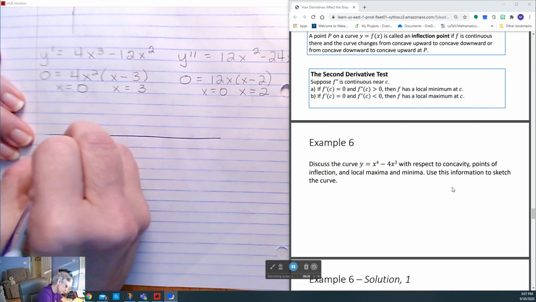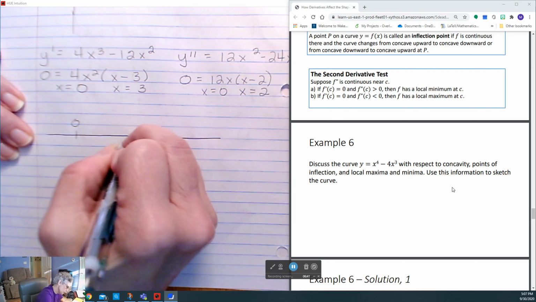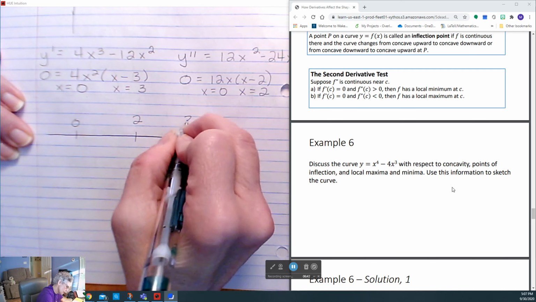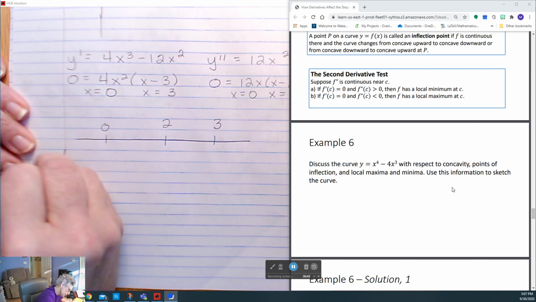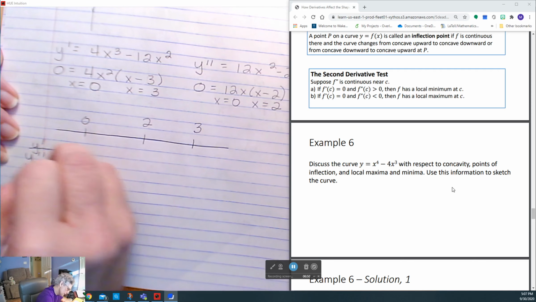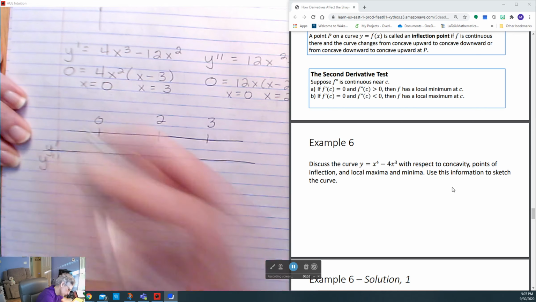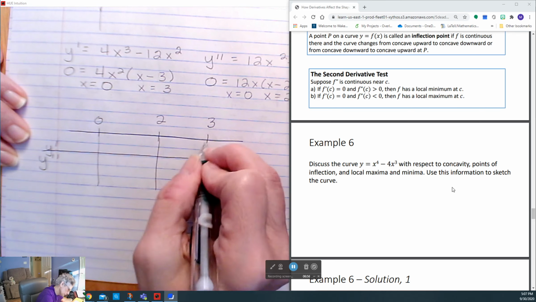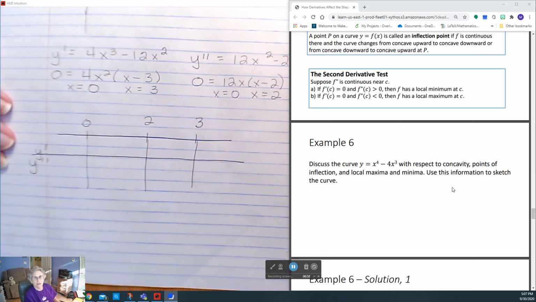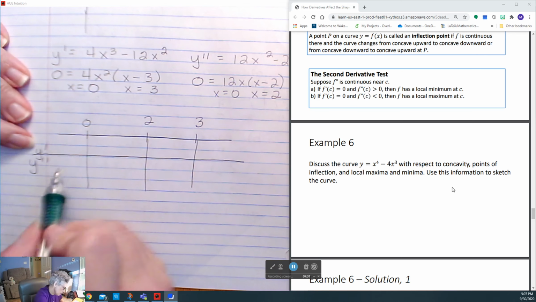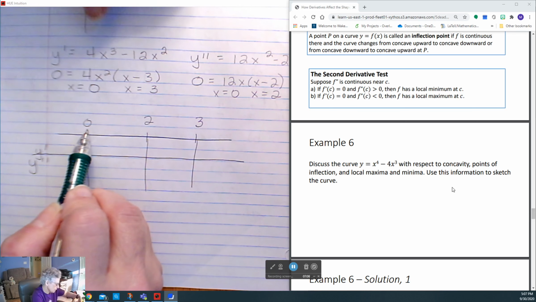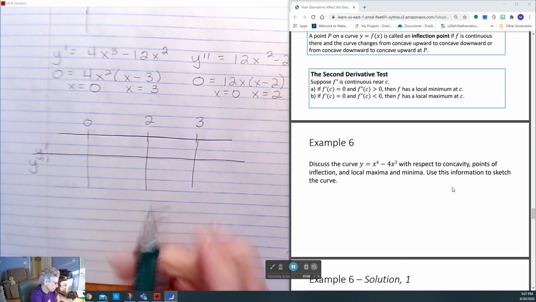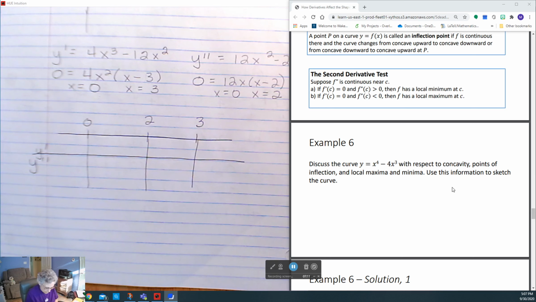I need 0, I need 2, and I need 3. I'll make a row for the first derivative and a row for the second derivative. So the first derivative, if I plug in something less than 0, let's just go ahead and plug it into the old table function.